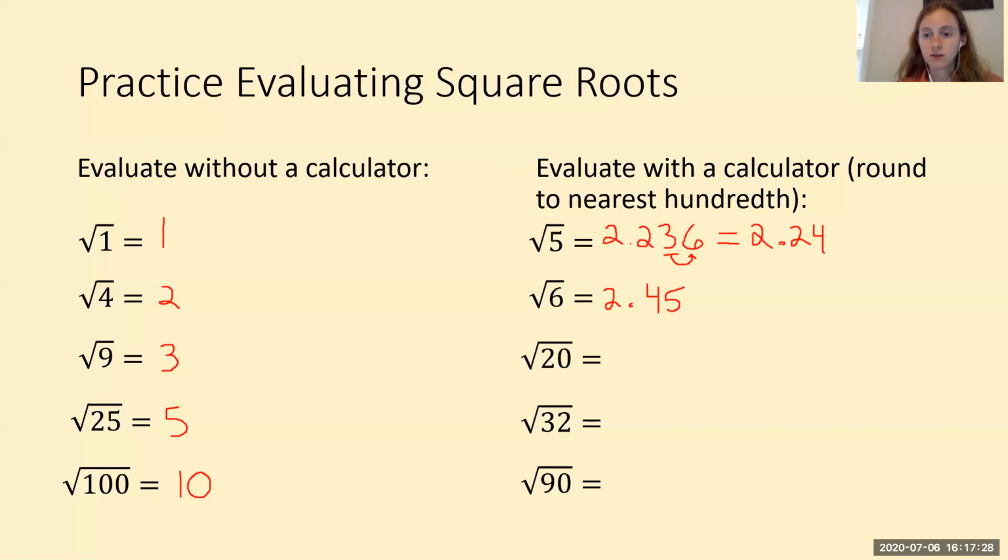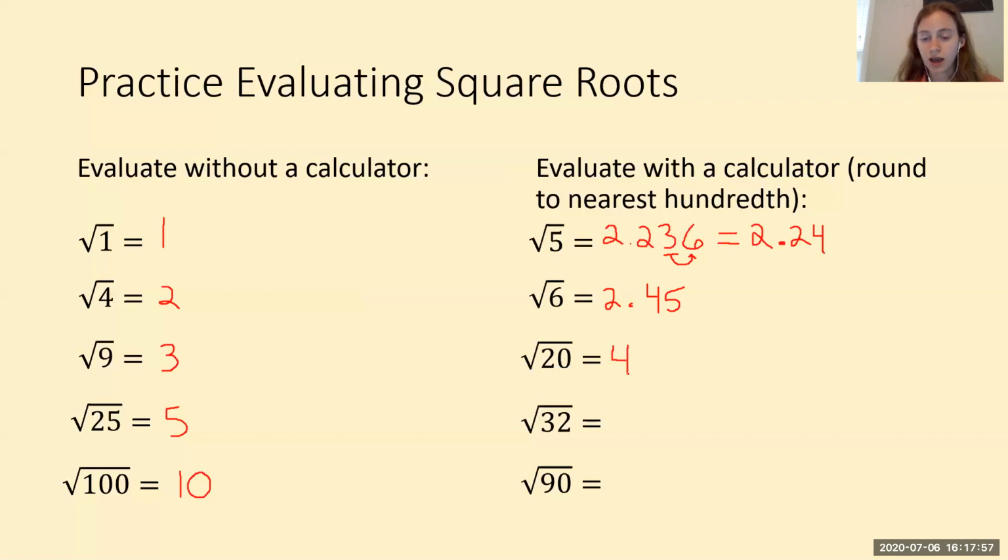Okay, next one, we have the square root of 20. So let's think about this here. We know that the square root of 16 is 4. The square root of 25 is 5. So again, the square root of 20 is going to be somewhere in between 4 and 5. It's going to be a decimal number. So square root of 20, I get 4.472.